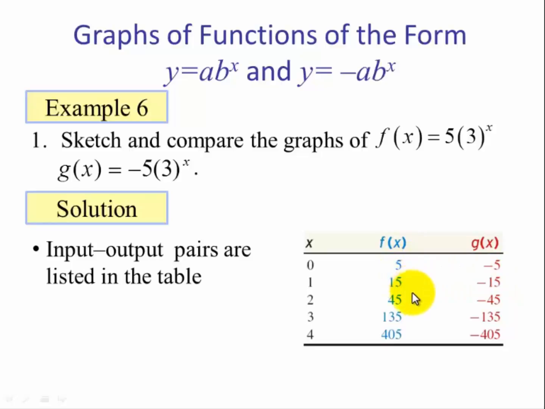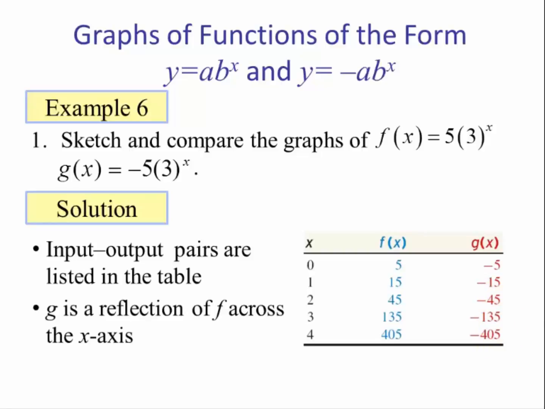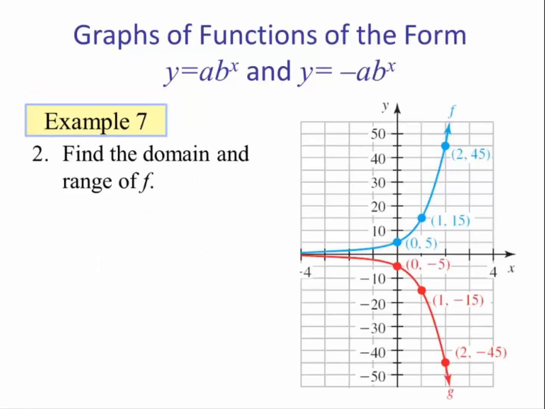So if you look closely, the values of f of x and g of x are just opposite. So we call g a reflection of f across the x-axis. Let's look at it visually. The blue function is f, and g is red, and we can see that this is a reflection across the x-axis.